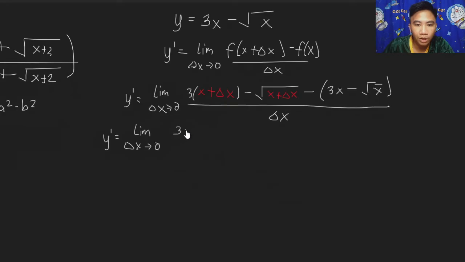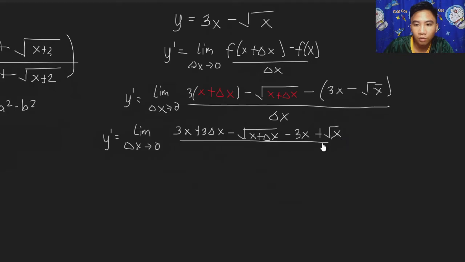So we will now have 3x plus 3 delta x minus the square root of x plus delta x minus, kapag positive yan, magiging negative. And then, kapag negative, magiging positive. All over the delta x. So, as you can see, you can now cancel this and this. Ayan.